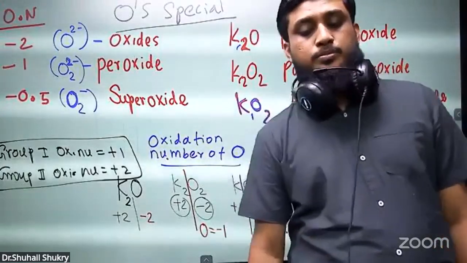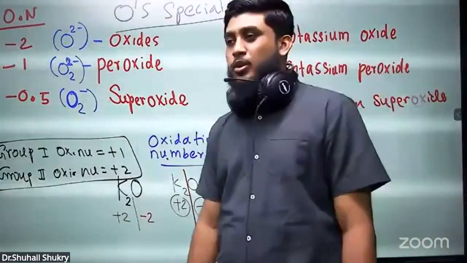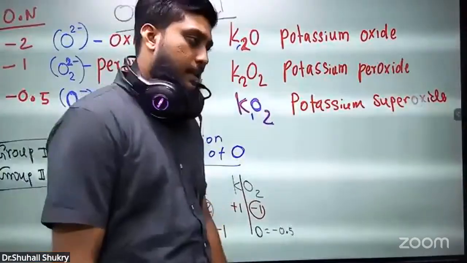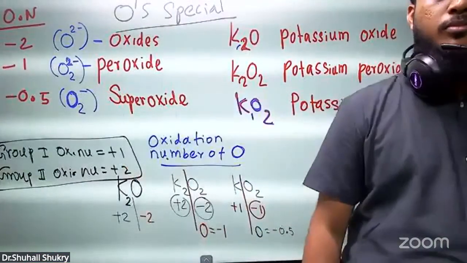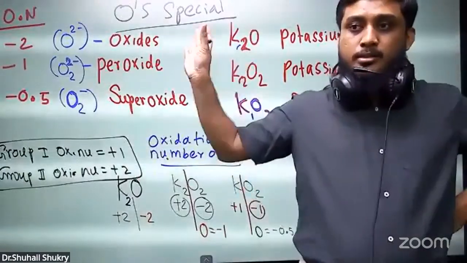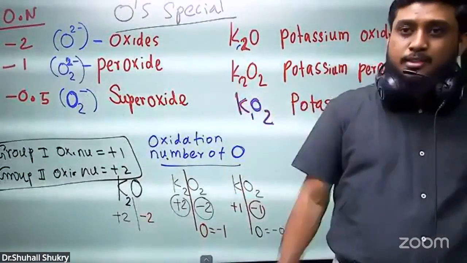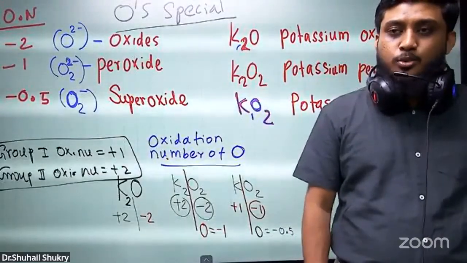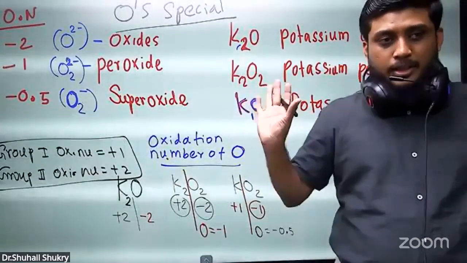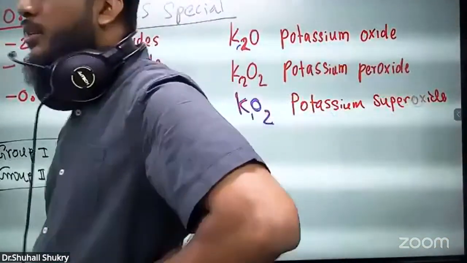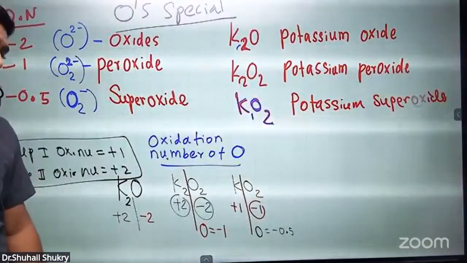Only in OF2 does oxygen have a +2 oxidation number. All the other places wherever you see oxygen, it is always -2. Very simple, no? If oxygen were dancing with different oxidation numbers, it would be a very big problem. Now I have given a clear idea how to get these things, right?